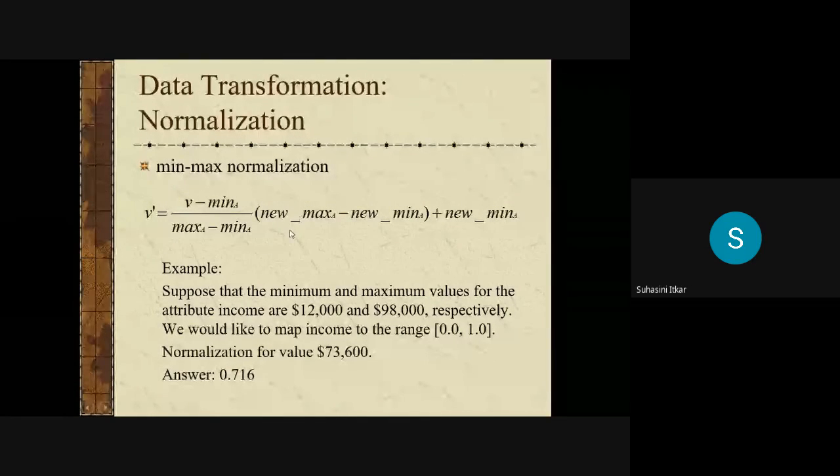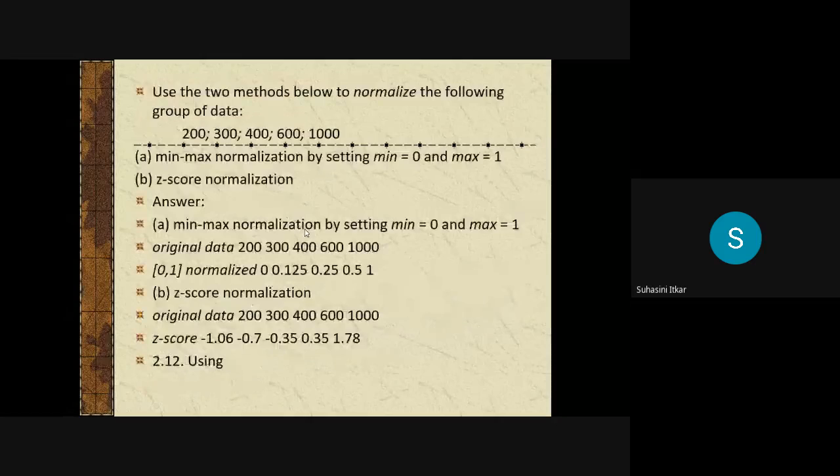New min is 0 and new max is 1. Now calculate for 300 and calculate for 1000. Calculate the new values for only two inputs, one is 300 and one is 1000, and tell me the answer.